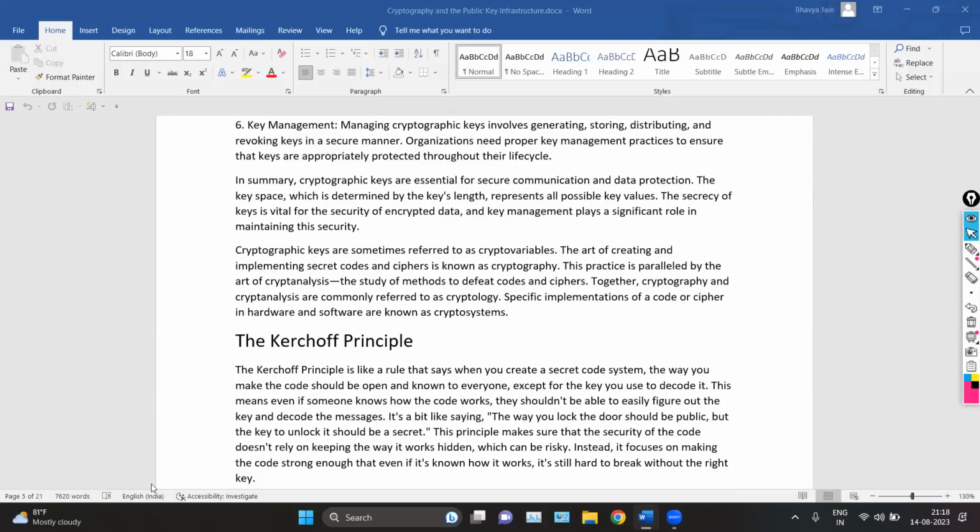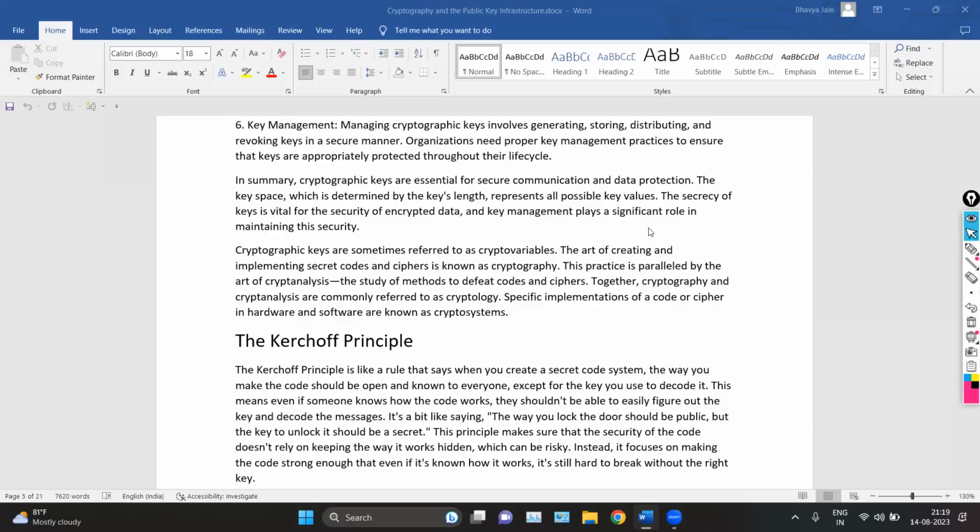So in summary, cryptographic keys are essential for secure communication and data protection. The key space, which is determined by the key length, represents all possible key values. If your key length is 128 bits, the number of possible combinations is 2 to the power of 128.